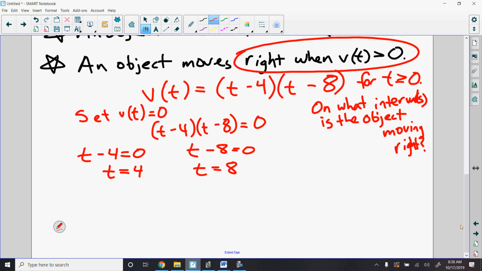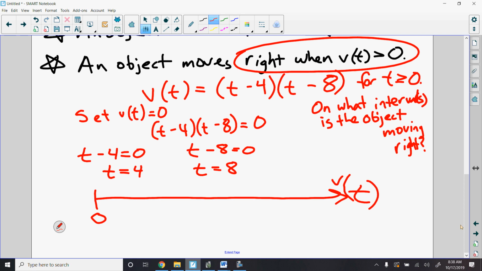Now what I want to do is create a sign chart, and I want to look at the domain here. The domain is t is greater than or equal to 0. I want to do a v of t sign test, so I'm doing a velocity sign test.